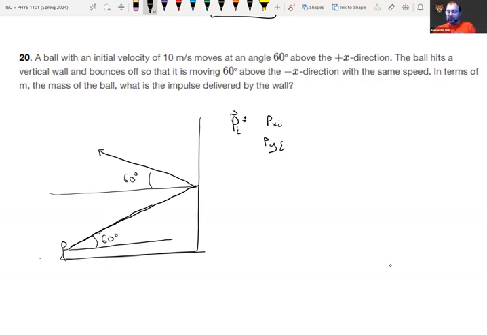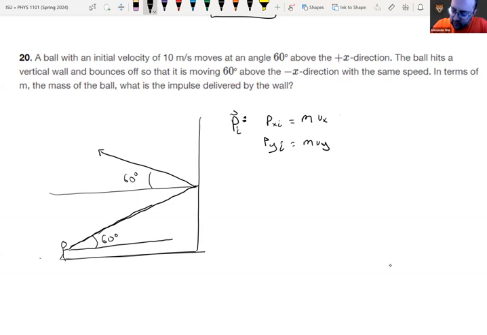The x component would be in terms of m, so we don't know, it would just be m, and then it would be the x component of the velocity. So it'd be m v sub x, and this would be m v sub y. Now, if it's 60 degrees, the x component would be a cosine, that would be the short side.